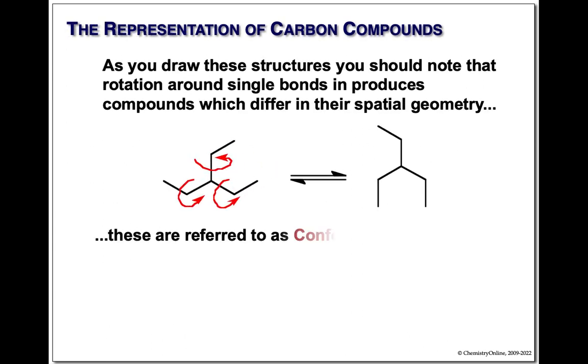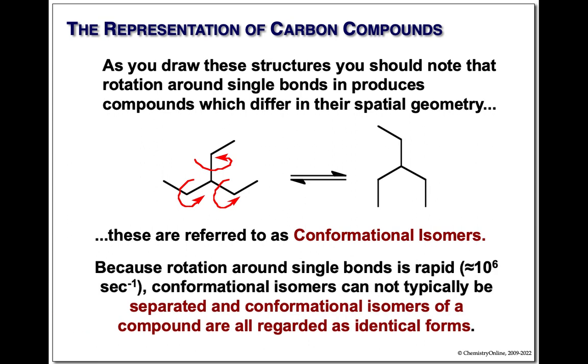That means that if we drew this compound in this particular conformation, it is 100% proper to draw it in this conformation as well. Because this is spinning around, so is this, and so is this.